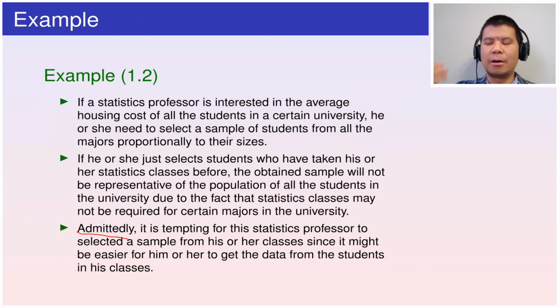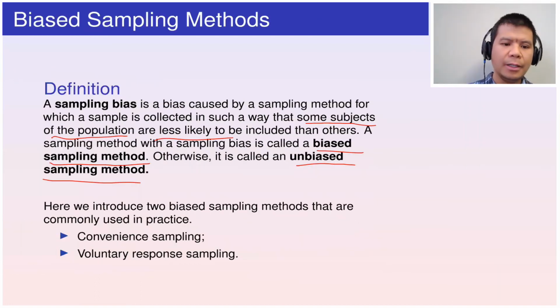Some of the students are less likely to be selected than others. So here is the definition: what is a sampling bias, and biased and unbiased sampling methods.